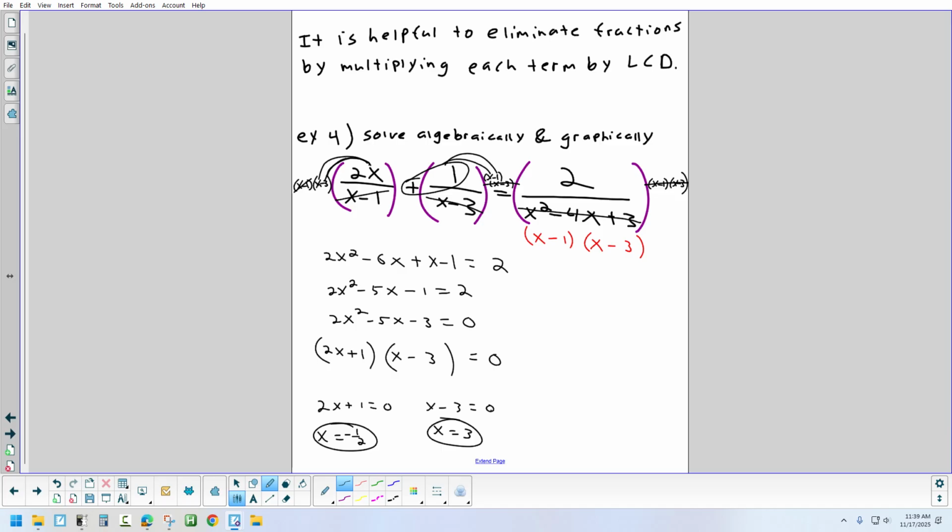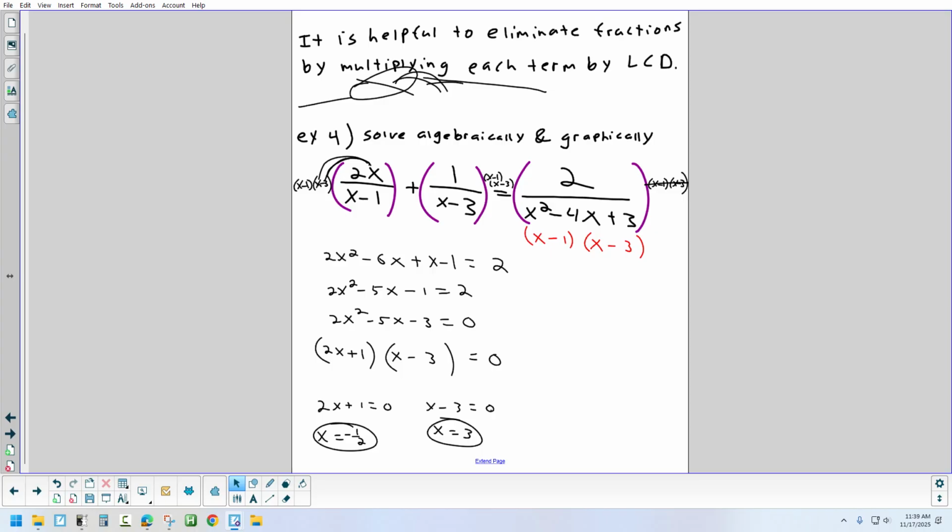Does anybody see any issue if we try to plug those numbers back into the original problem? If not, then they both work. I'm just making it so you can read the original problem a little easier again. We get 0 under 1. Explain that. 3 minus 3 equals 0, so it'd be 1 over 0.